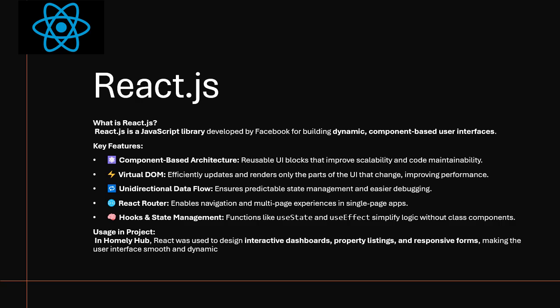It also includes hooks and state management, with functions like useState and useEffect. We use React.js in our Homely Hub project to design interactive dashboards, property listings and responsive forms, making the user interface smooth and dynamic.